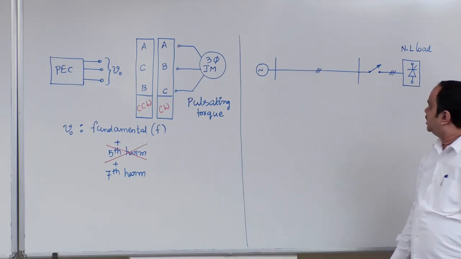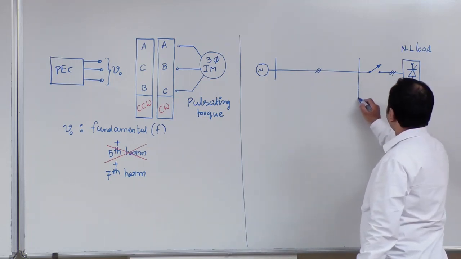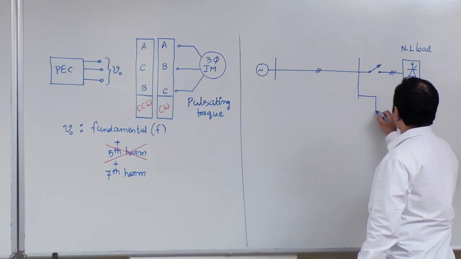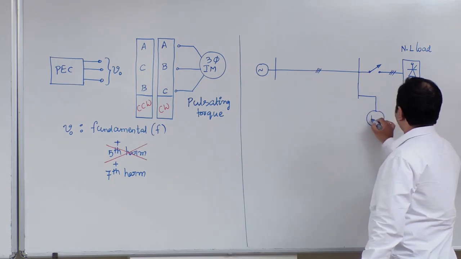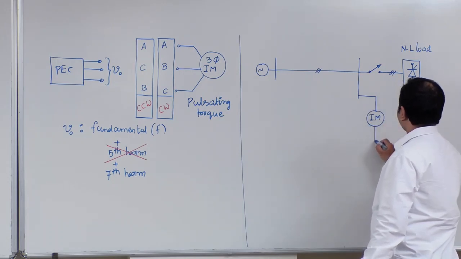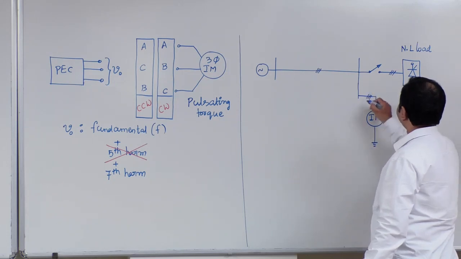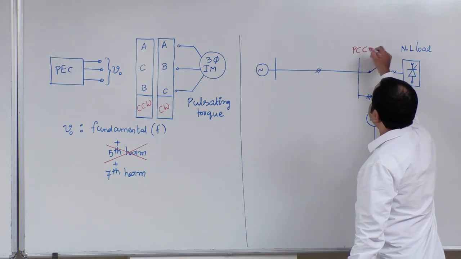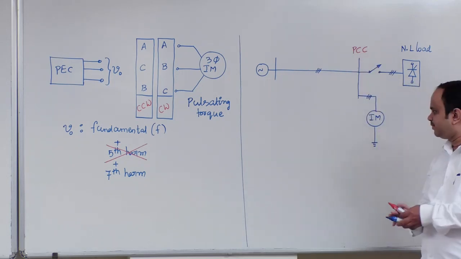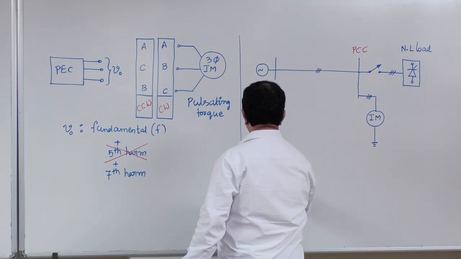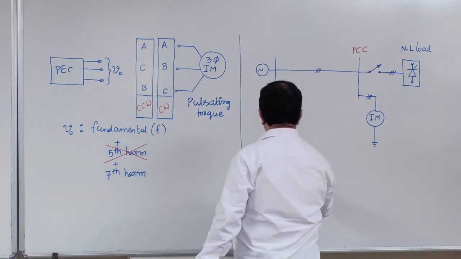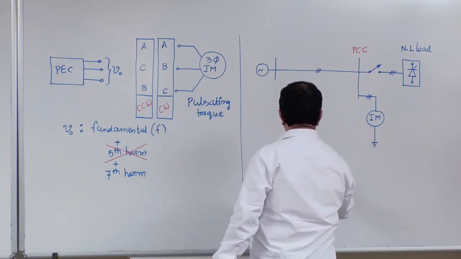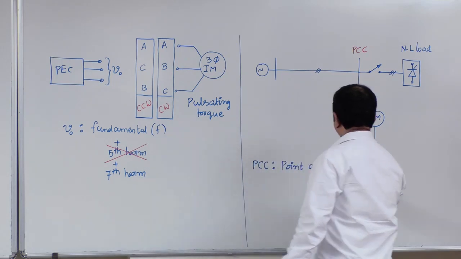Okay. Now, what is the point here? Follow carefully. This is one practical example. Let us say a three-phase induction motor is connected at this PCC. What do you mean by PCC? PCC stands for point of common coupling.